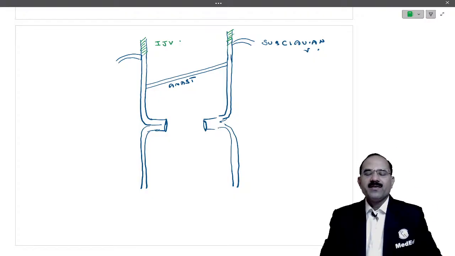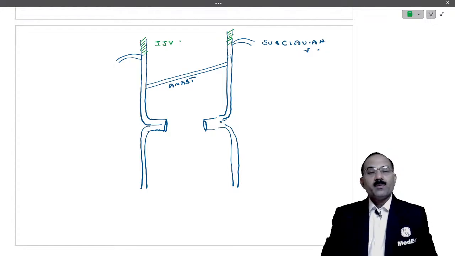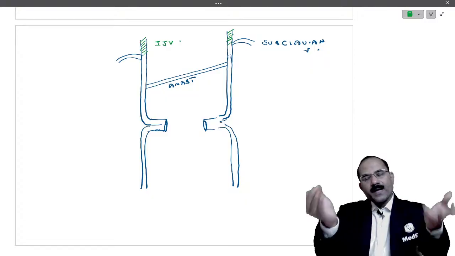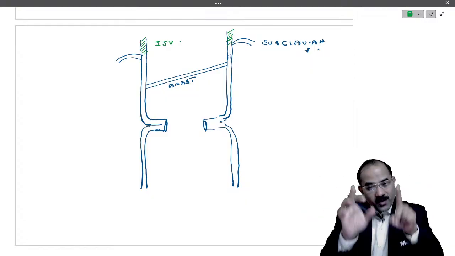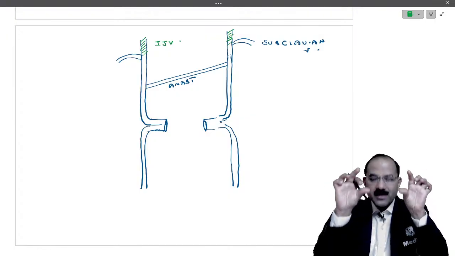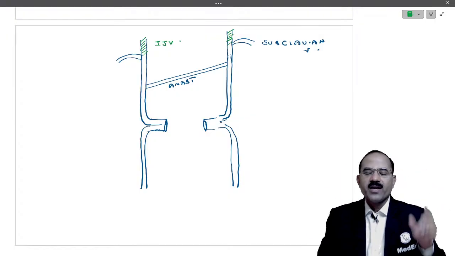Excellent, very good Vinay. That's a continuation of the sigmoid sinus. The sigmoid sinus comes out through the jugular foramen, and that continues as the internal jugular vein. That's gross. Embryologically, internal jugular vein is derived from the anterior cardinal vein above the attachment of subclavian vein.